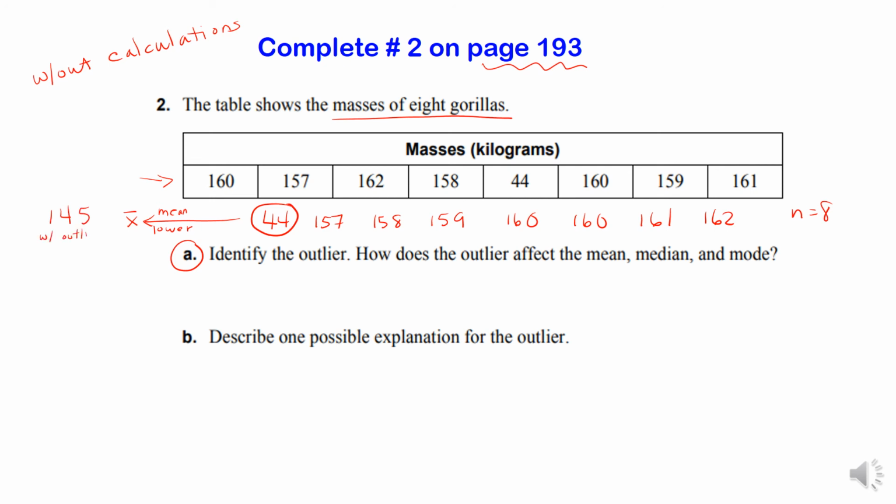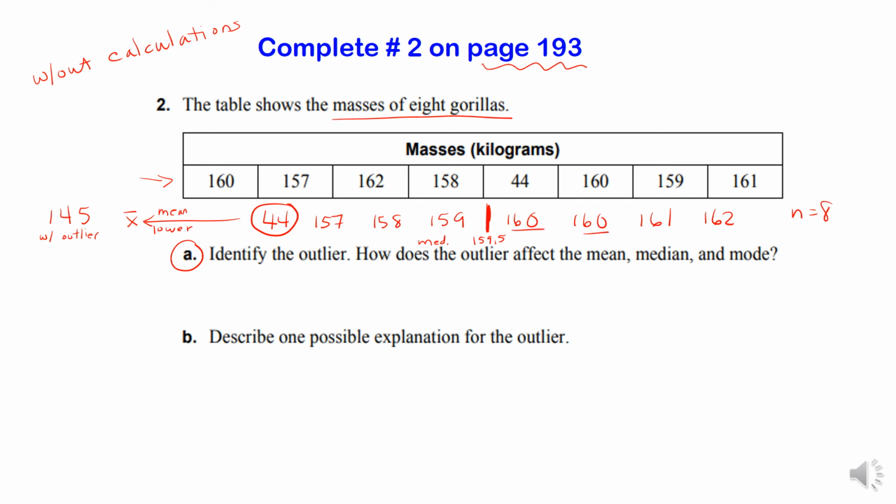Okay, and you can see that that makes the mean lower than all the other data. The median of the original is right in between 159 and 160, so it's 159.5. That's our median. And we don't know how much it's affected by the outlier, and our mode is 160.